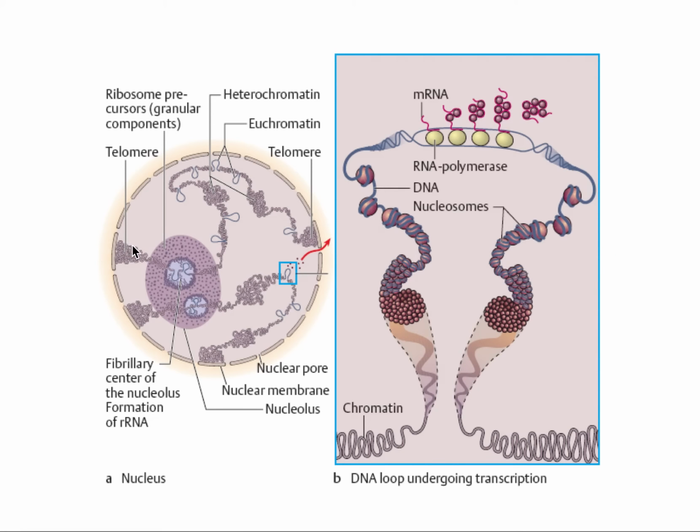If the telomere reaches a certain length, then the cell will commit apoptosis and die. Interestingly, in cancer cells, this telomere length stays constant, so it does not shrink, unlike what happens in normal cells.